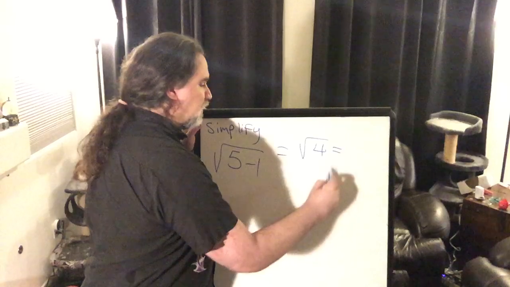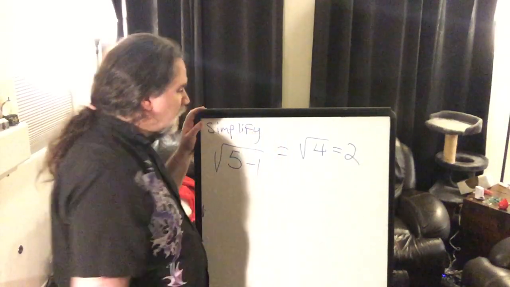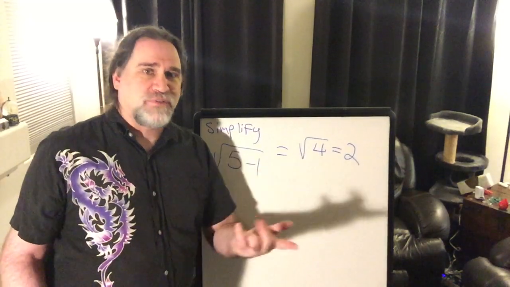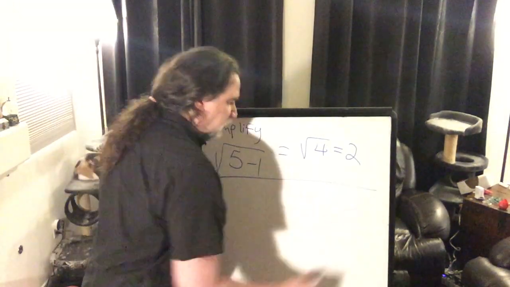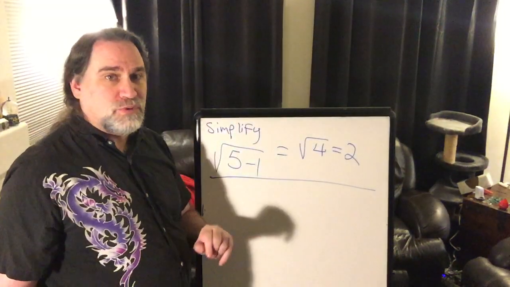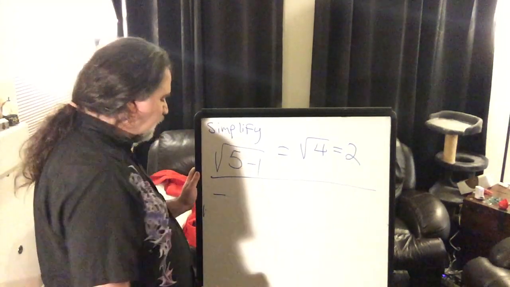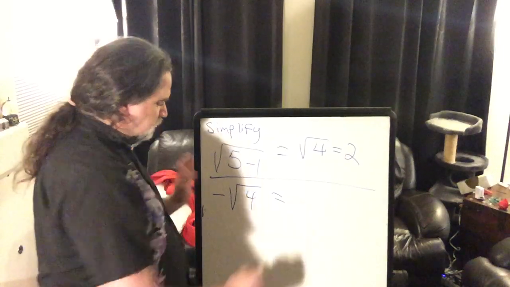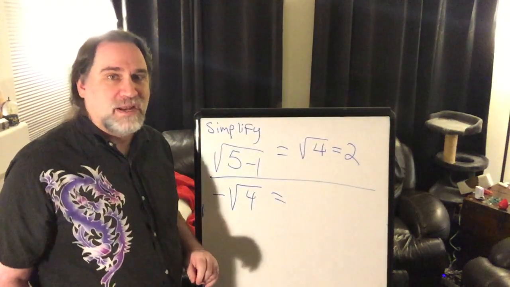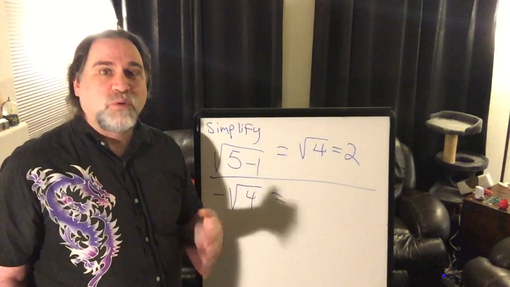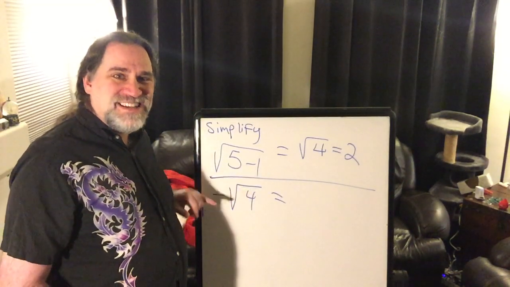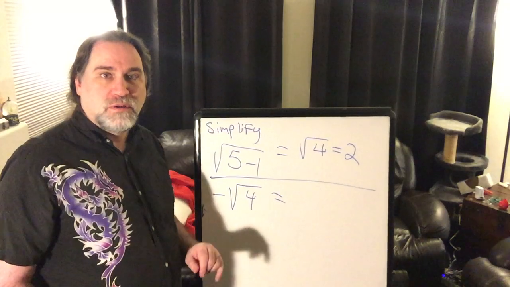And then we know, hey, square root of 4, we know that's 2. Now, I'm saying 2 and I'm not saying -2 because if I want the negative root, then I would put the negative sign in front of the square root sign, in front of the radical, because of how we would say the question. I would ask you, what is the negative square root of 4? We know there's two.